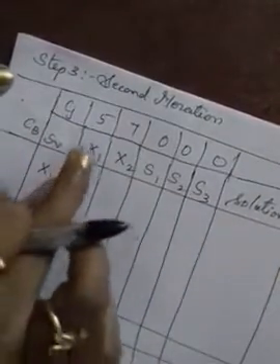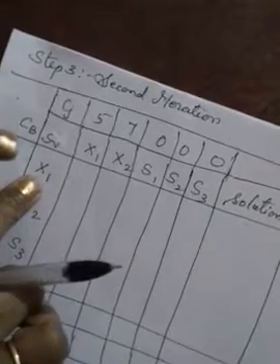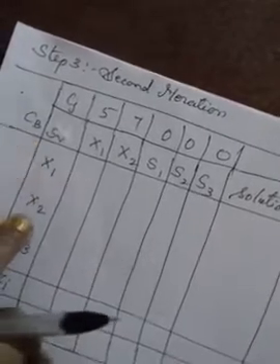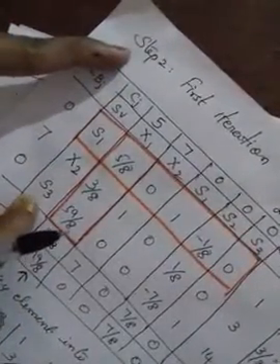So Cj values just put as they are, and your entering variable is x1, leaving variable is s1, so we took out s1 and put x1. The next ones are s2, x2, and third one is s3. Okay, so you have to put like that.